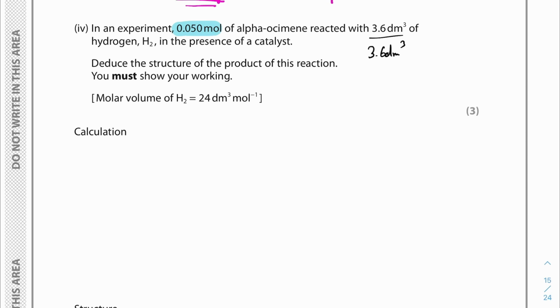Now, whenever you see that it's reacting with a volume of hydrogen, you should always remember that 1 mole is 24 dm cubed, right? So 3.6 over 24 will give us the moles of hydrogen that was reacted. So that's 0.15 moles of hydrogen that's been reacted. And we actually only started with 0.05 moles.